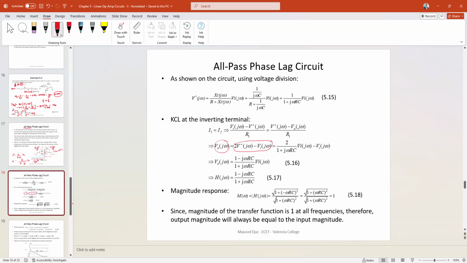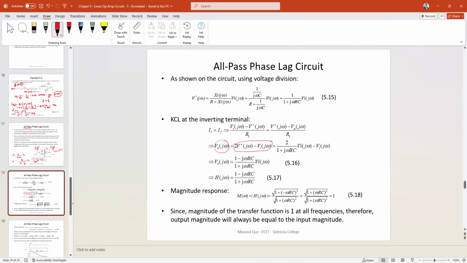So we go ahead and plug that in: 2 over 1 plus j omega RC times V input minus V input. When we simplify this, it is going to give us 1 minus j omega RC in the numerator divided by 1 plus j omega RC, the denominator, times V input.